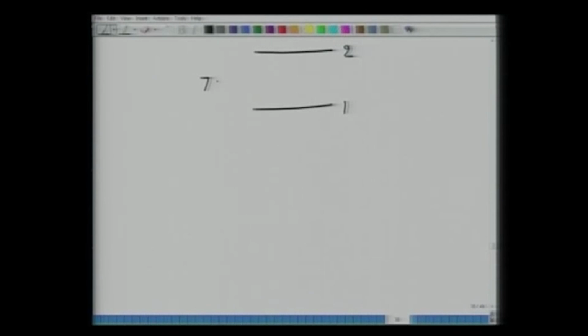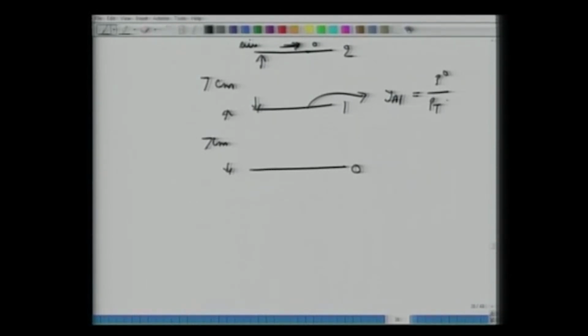This is 7 centimeter, and we have 7 centimeter of ethyl acetate to start with. Concentration here is 0 because we assume that as soon as vapor of ethyl acetate comes here, it's swept by this flowing air. Concentration here, Ya1 of ethyl acetate, will be P0 over the total pressure, PA over PT.